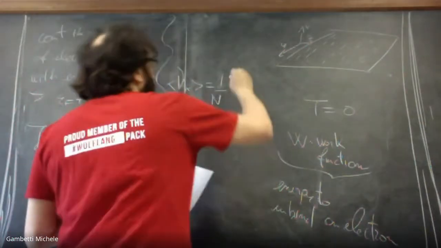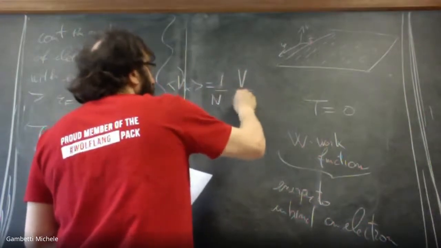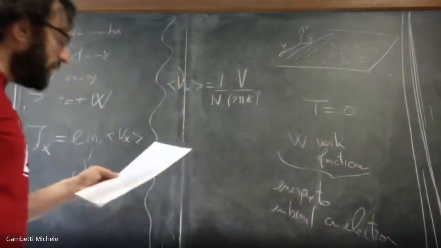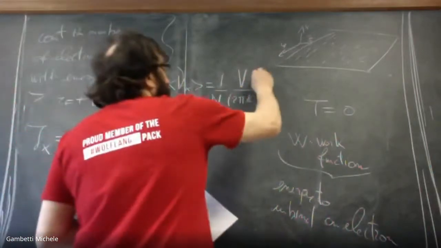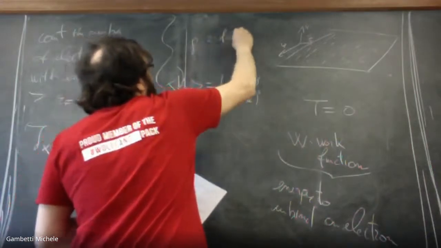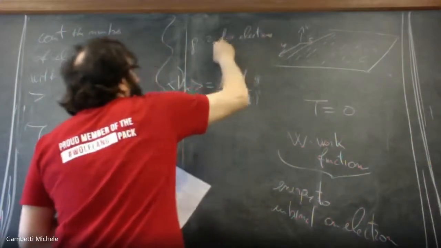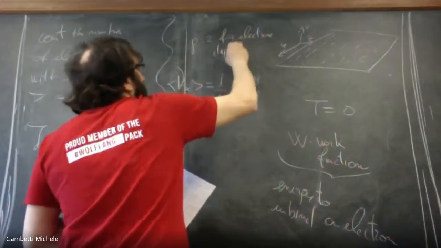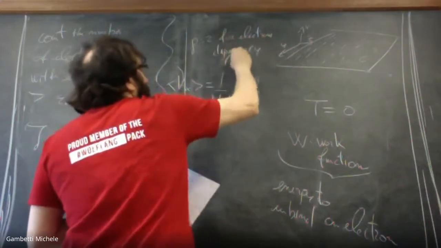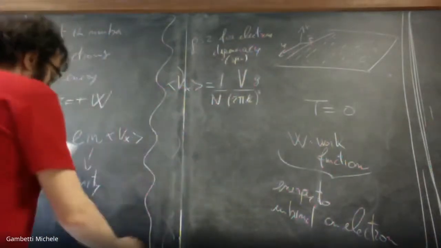Then you have the standard normalization, volume over 2 pi h bar cubed. Let me put a degeneracy here, G, which is 2 for electrons. It's a spin degeneracy. And then we have the integrals.